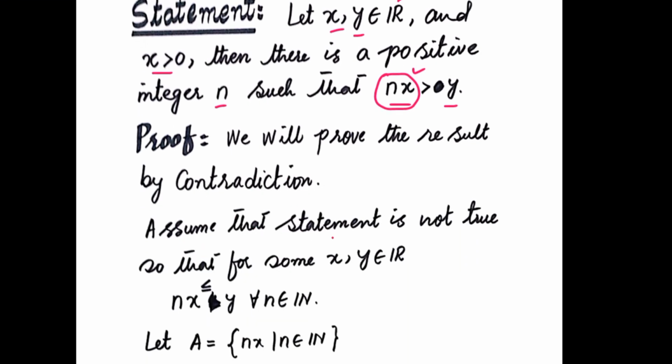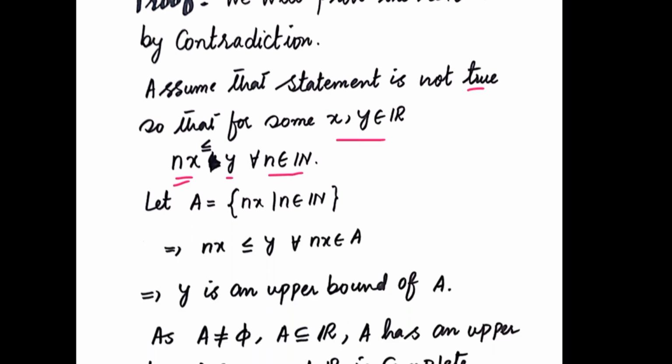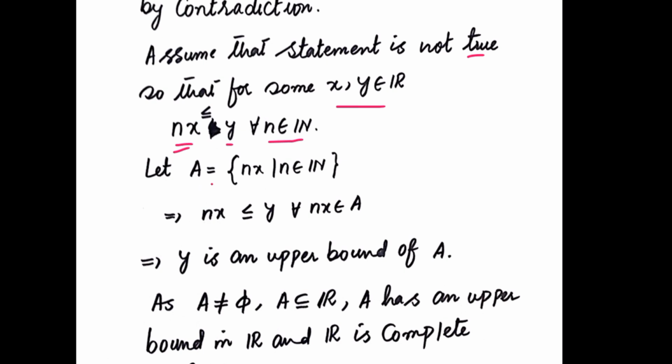Assume that the statement is not true, so that for some real numbers x and y, the product nx is always less than or equal to y for all n belonging to the natural numbers. Next, I am constructing a set A which consists of the elements of the form nx, that is the elements on the left side of this inequality.